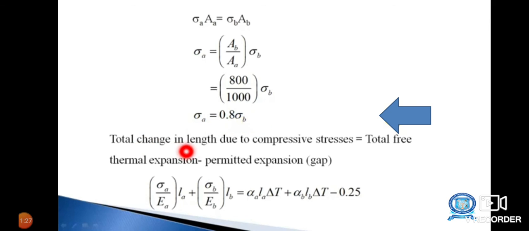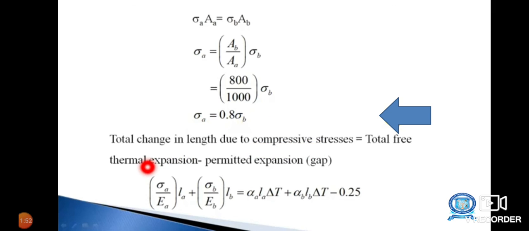Total change in length due to compressive stress is equal to total free thermal expansion minus permitted expansion gap. So once again I will read this. Total change in length due to compressive stress is equal to total free thermal expansion minus permitted expansion gap.